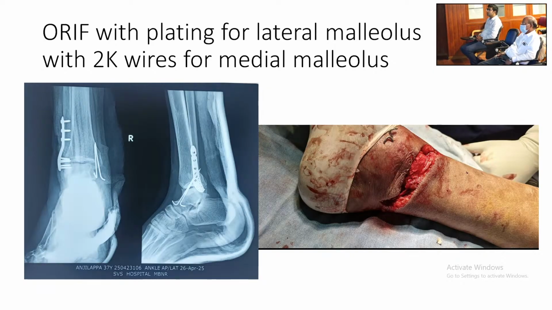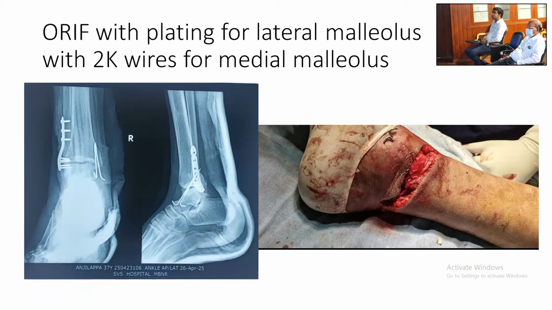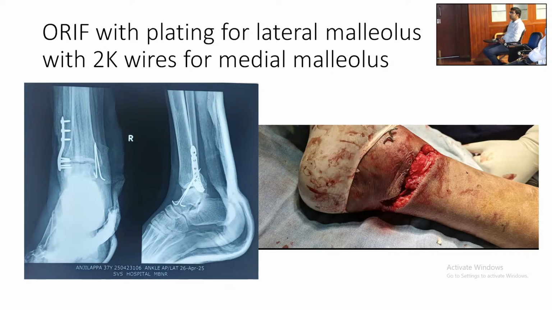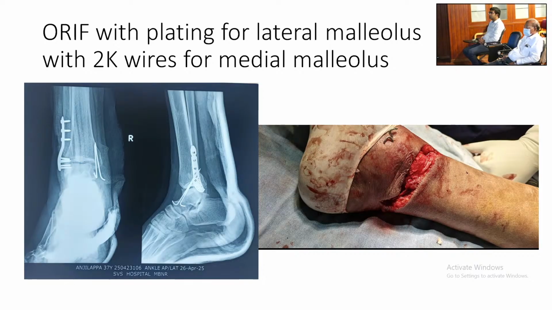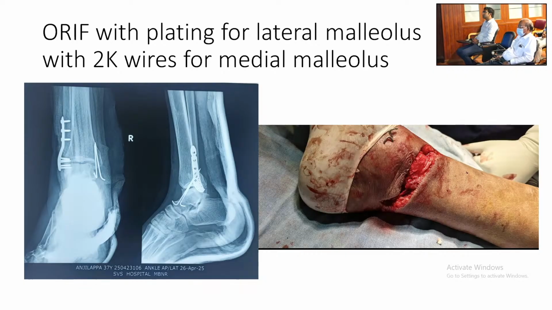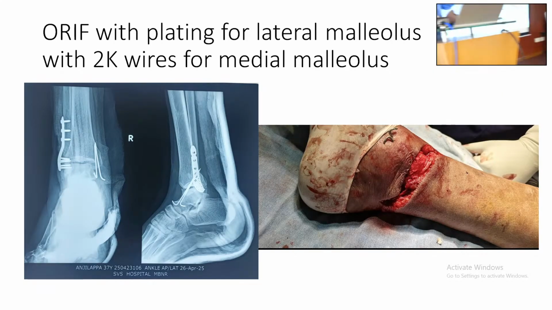If the bone is exposed, what would be the management? You are not able to close the wound. Bone is exposed. There is no periosteal covering. Even if periosteal covering is there, how to address that scenario? You can go for a secondary suturing, sir.